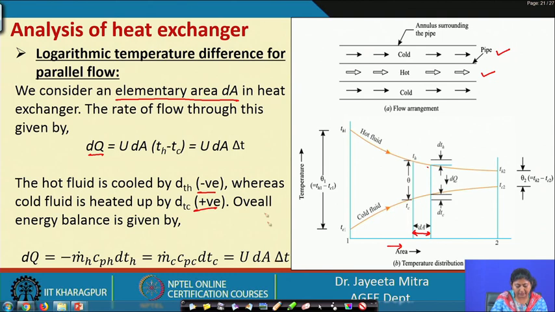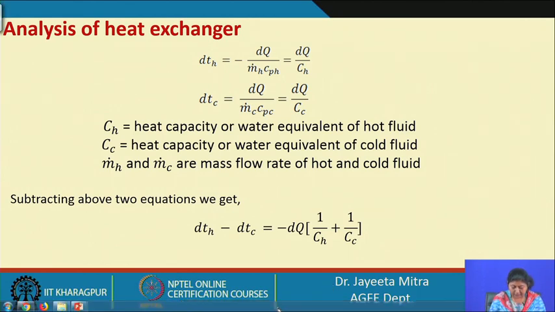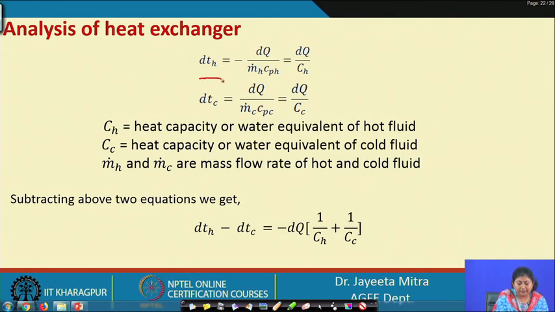That is U A delta T. Then we can write dTh equal to minus dQ by mh dot Cph, or dQ by Ch, where Ch is the heat capacity or water equivalent of the hot fluid, and dTc can be written as dQ by mc dot Cpc, or dQ by Cc, where Cc is the heat capacity or water equivalent of the cold fluid.